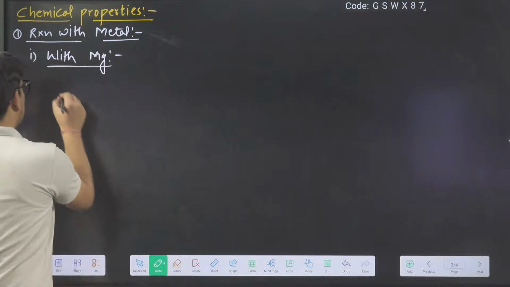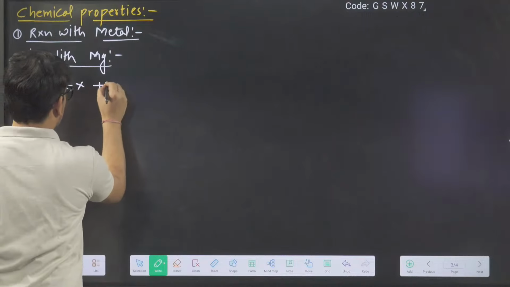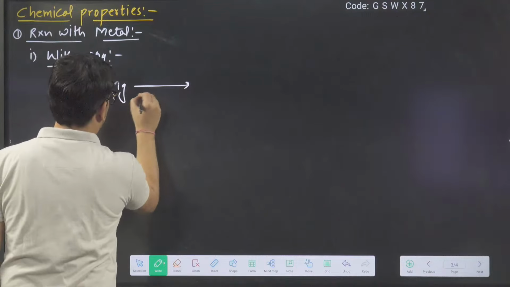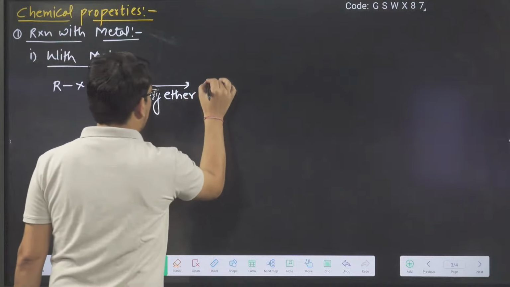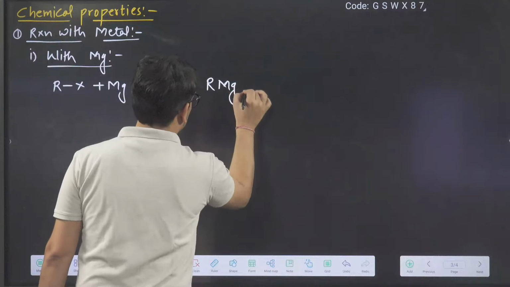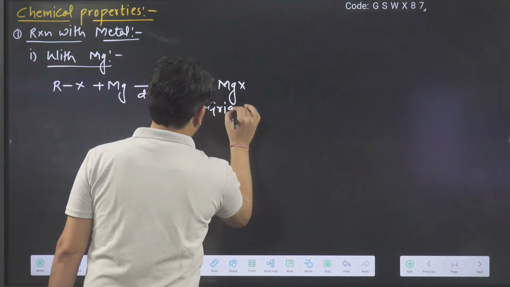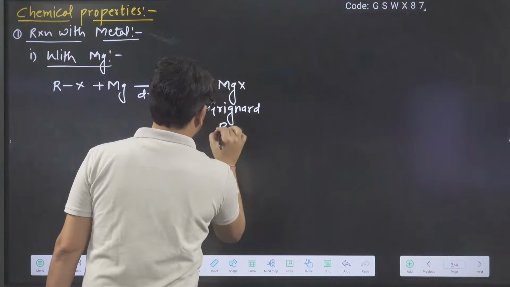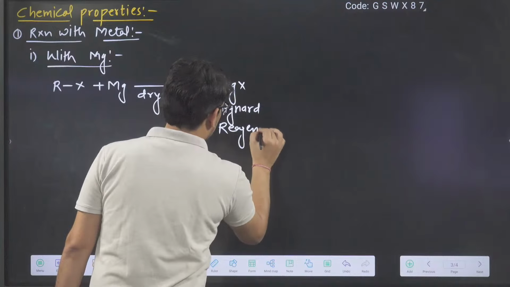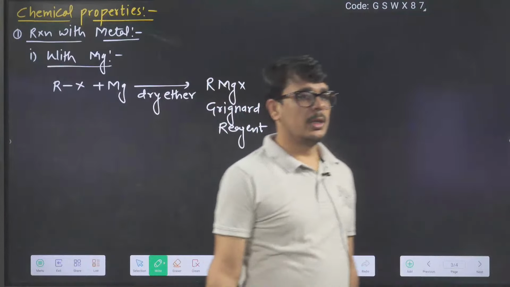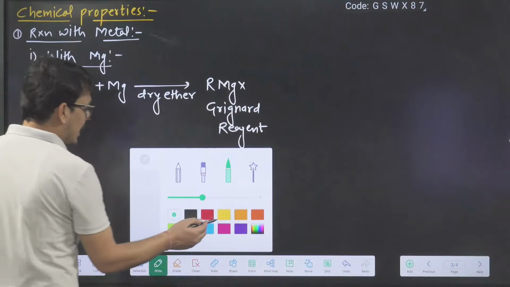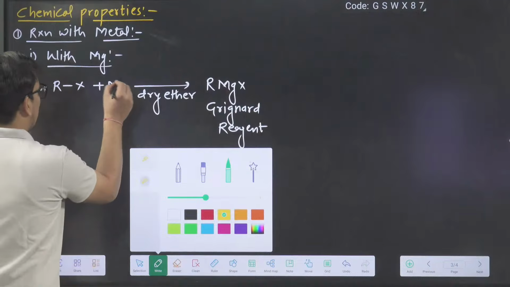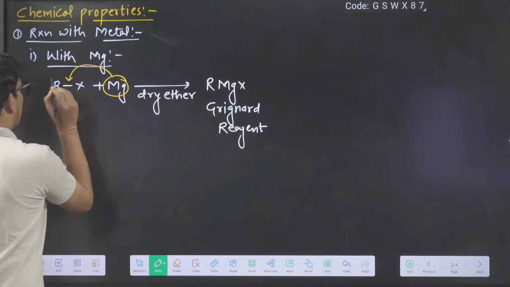With magnesium, now they are forming one specific type of compound which is named as a Grignard reagent, RMgX. Now, can I say that this magnesium inserts in between R and X?